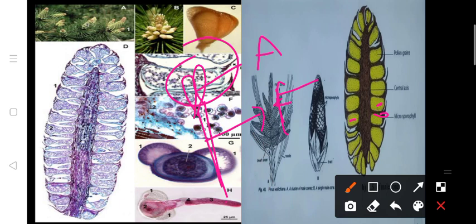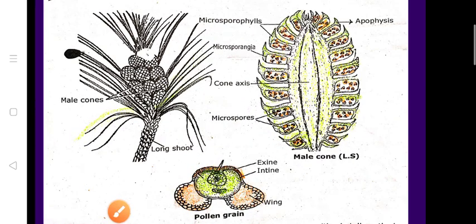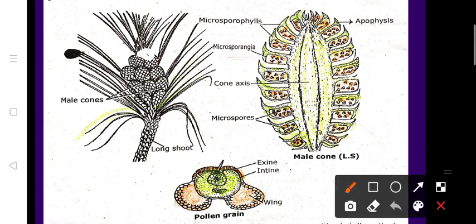The expanded end part of the microsporophyll is called the apophysis. This is the apophysis.